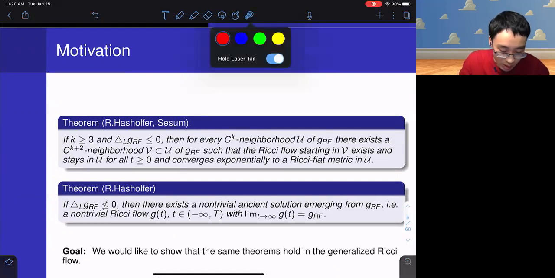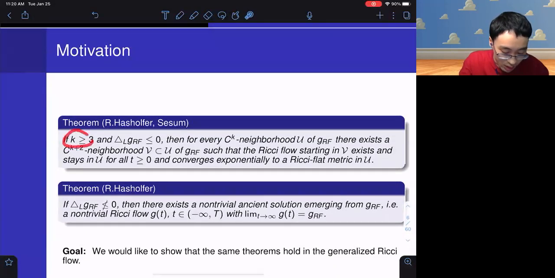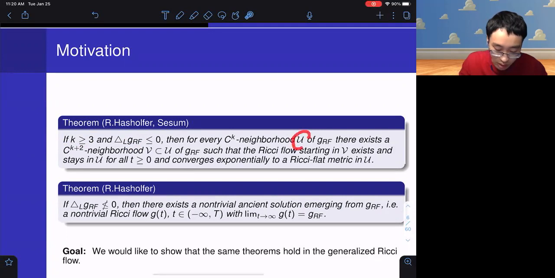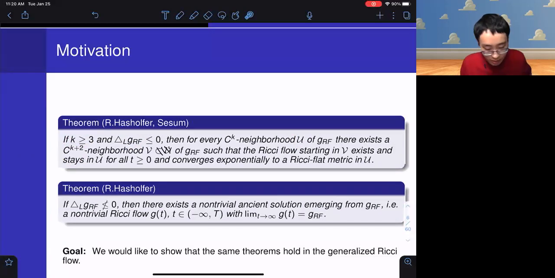The precise statement is: if k is greater or equal to 3, and the additional Laplacian at g_RF is non-positive, then for every C^k neighborhood U we have a C^(k+2) neighborhood V of g_RF such that the Ricci flow starting in V will exist and stay in U for all time and converge exponentially to some Ricci flat metric in U.